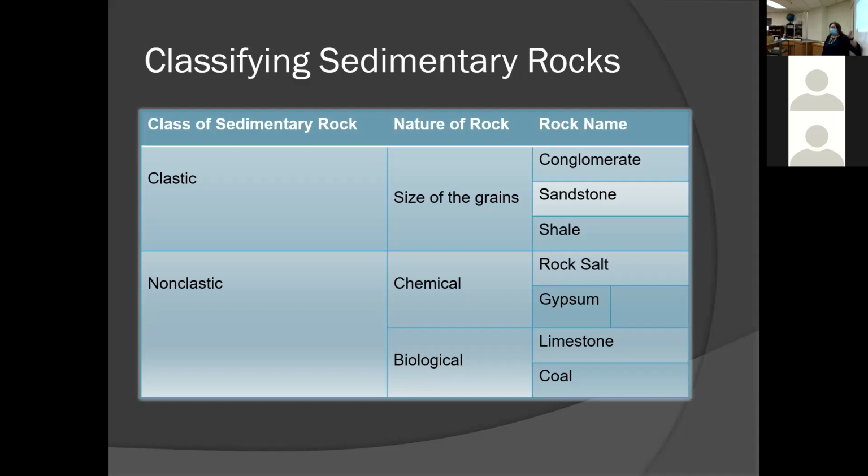So like limestone and coal, those are both biological, because the limestone is just the dead shells of all the critters that ended up on the seafloor. And then rock salt and gypsum are these secondary minerals. I talked to you about secondary minerals that aren't formed directly from magma. Rather, they're formed from chemical reactions after the fact.